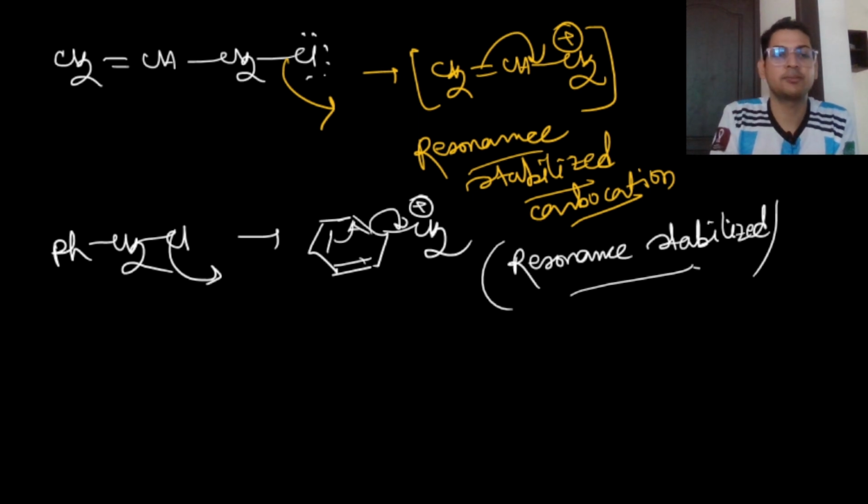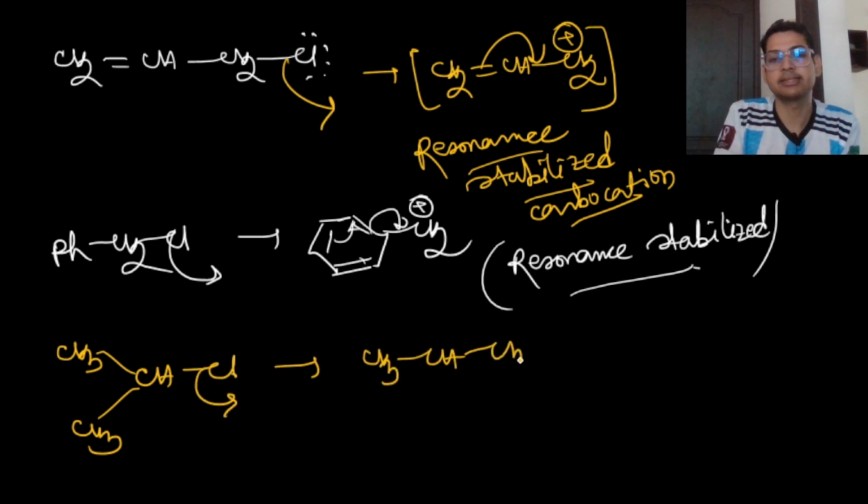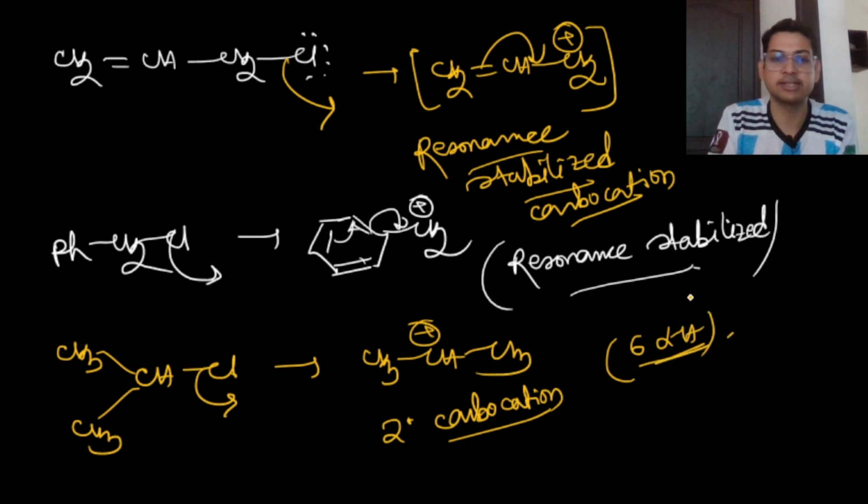Okay, then the third one, what is the third one that is given? Let me check. Okay, third one is CH3 CH CH3 Cl. Sir, if I leave this, I will get CH3 CH CH3 plus. So that is also, we can say, quite stable. 2-degree carbocation having 6 alpha hydrogen, right?